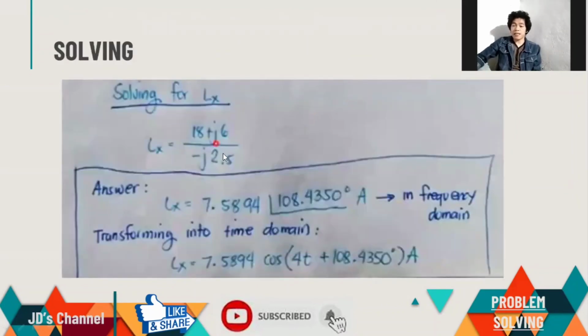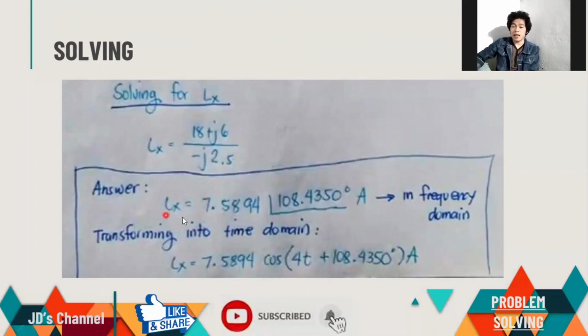Solving for Ix, again, 18 plus j6 over negative j2.5. This will be our answer for Ix, so please do compute it as well. Ix is equal to 7.5894 angle. It is in rectangular form, so you can express it in polar.